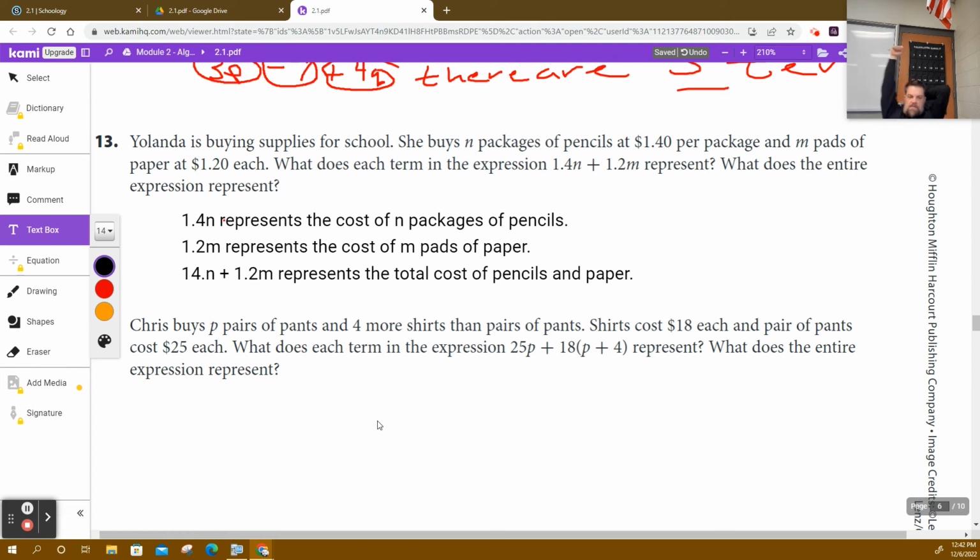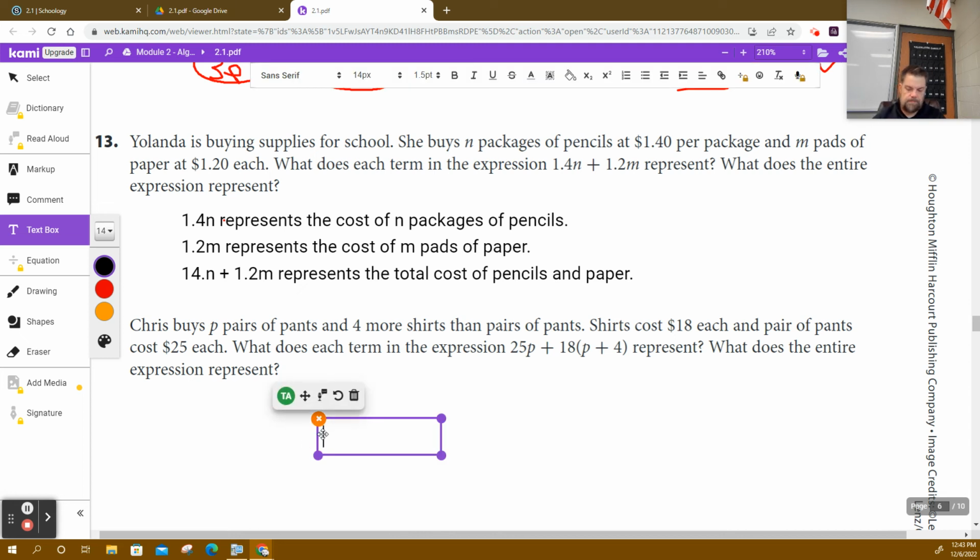All right, last one. Chris buys P pairs of pants, 4 more shirts than pants. Shirts are $18 each, and a pair of pants are $25 each. What does each term in the expression 25p plus 18 times p plus 4 represent?